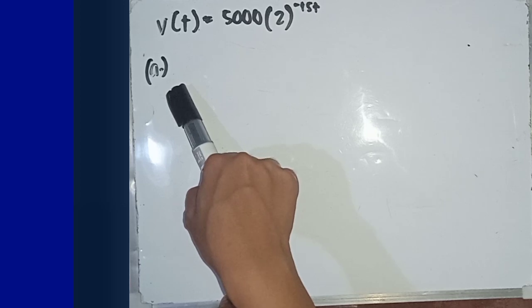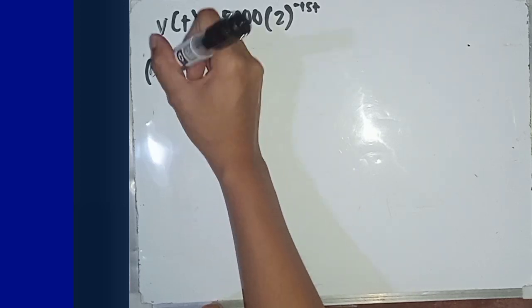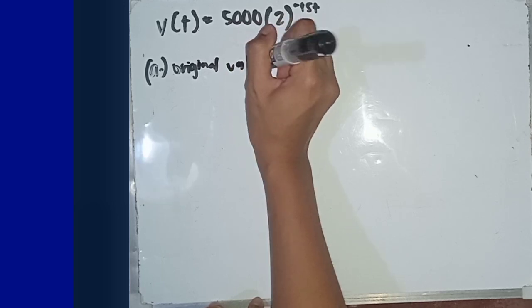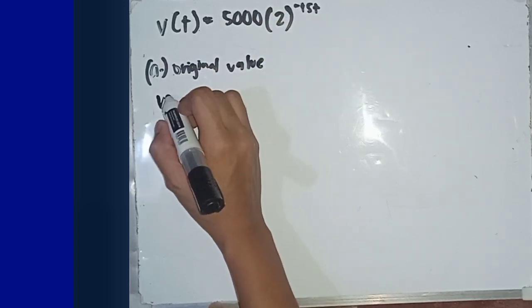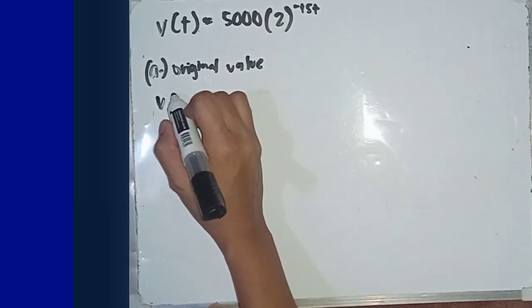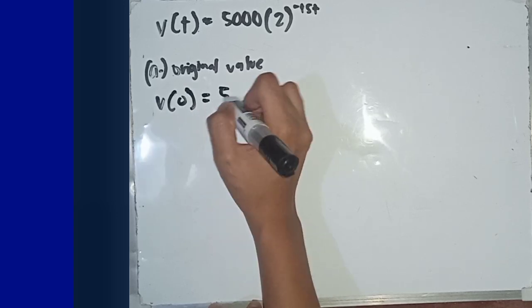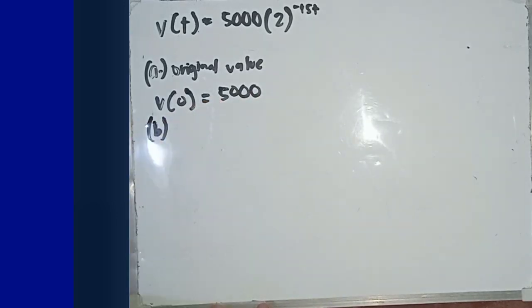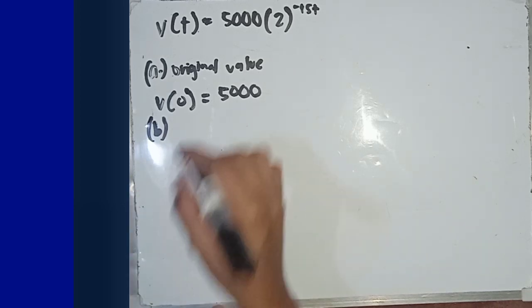For A, it is the original value of the machine. So V of T, T would be 0 since it is no time. So it is the original, 5,000. That would be the original value.